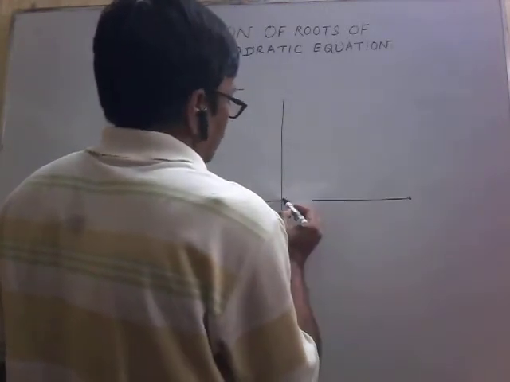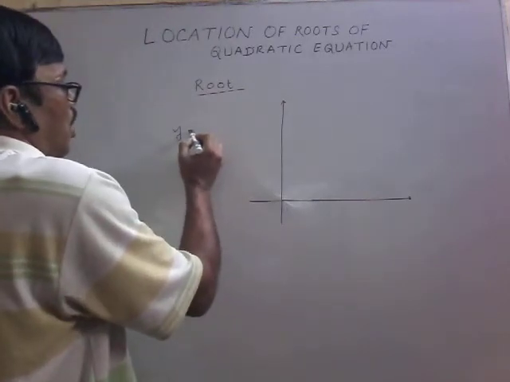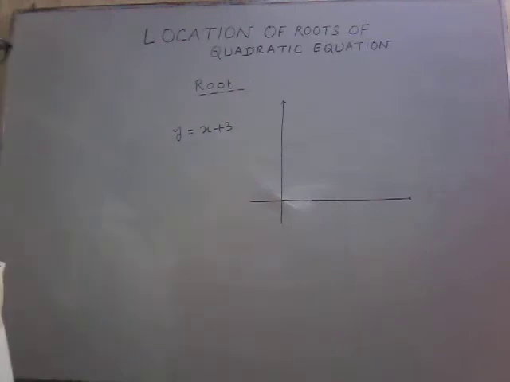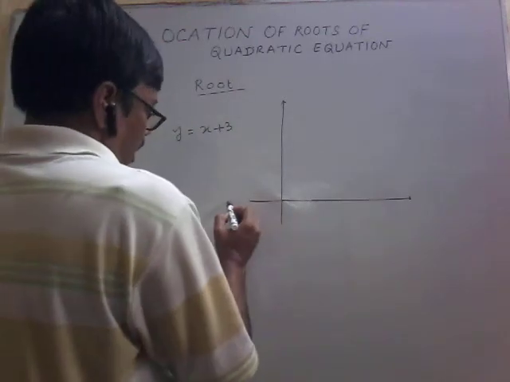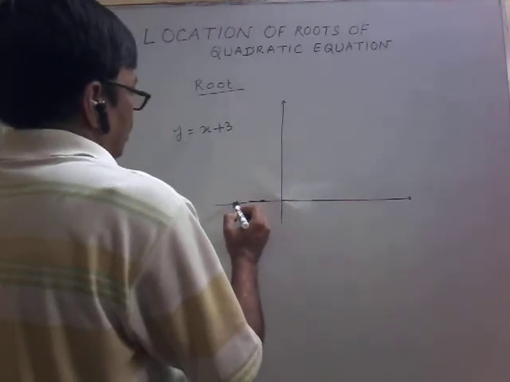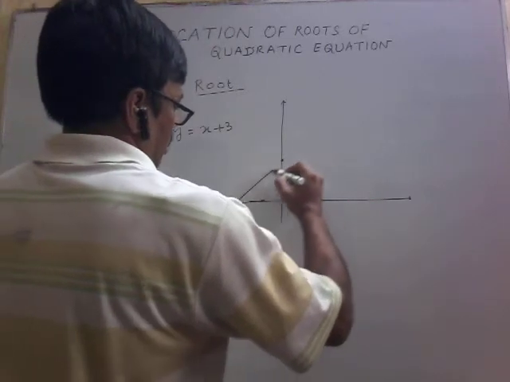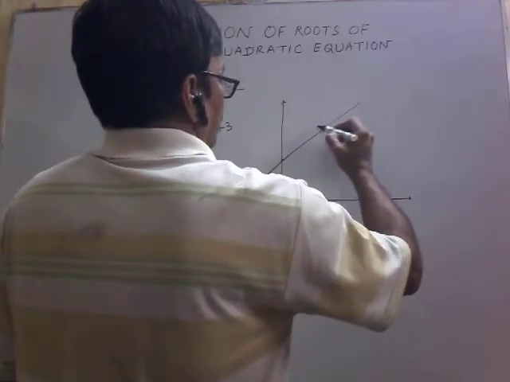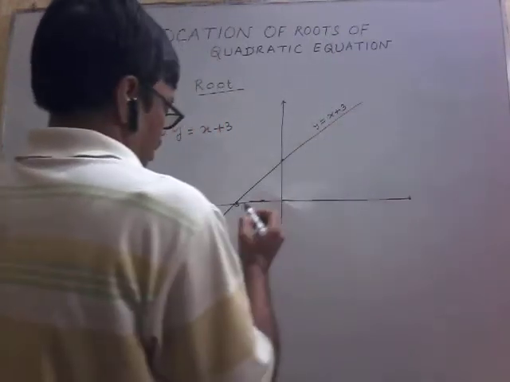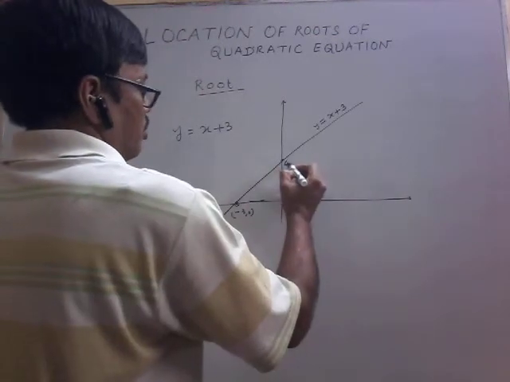Suppose we draw graph of y equals x plus 3. Now look, it cuts x-axis at (-3, 0), y-axis at (0, 3). So this is y equals x plus 3.